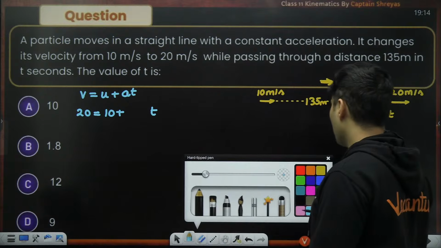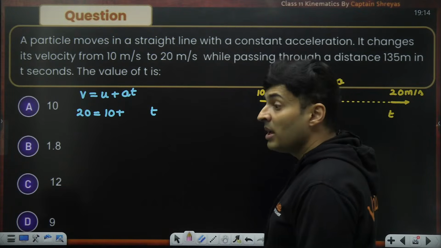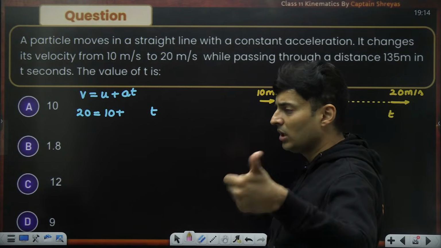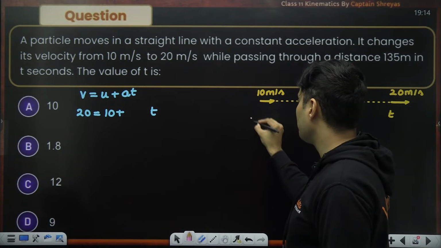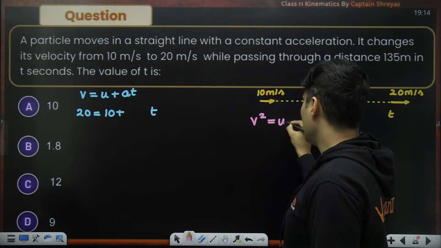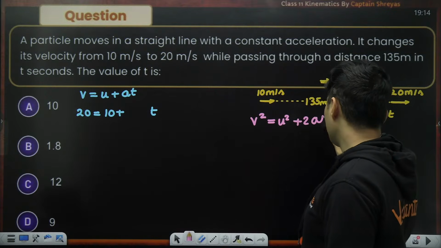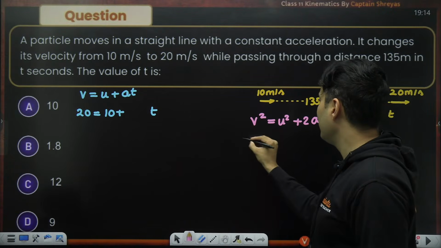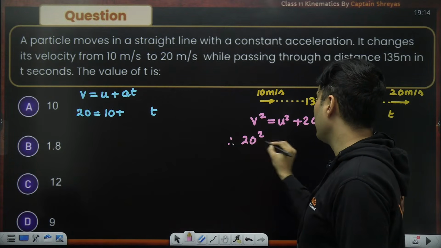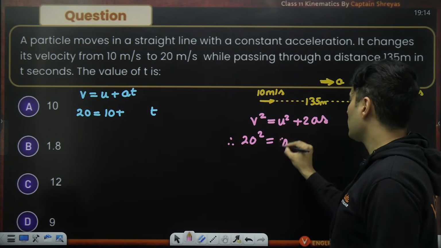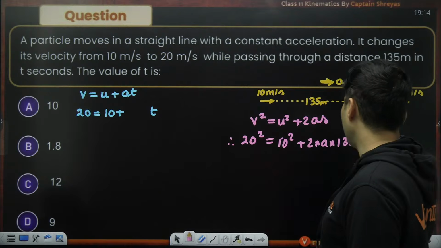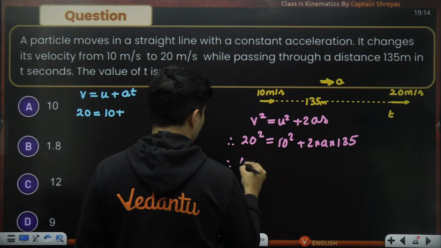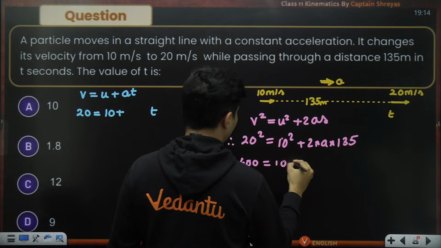Which equation, sir? Maybe the third kinematic equation, because final speed, initial speed and displacement are given, I can use the third equation. V square is U square plus 2 into acceleration into S. Final speed 20, so 20 square. Initial speed 10, so 10 square. Acceleration I do not know, displacement 135. 20 square is 400. 10 square is 100.